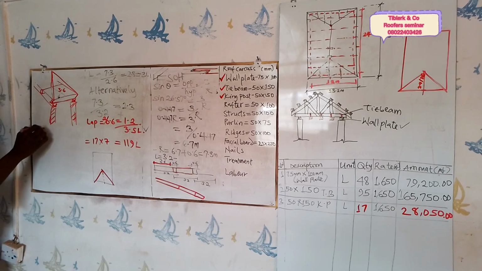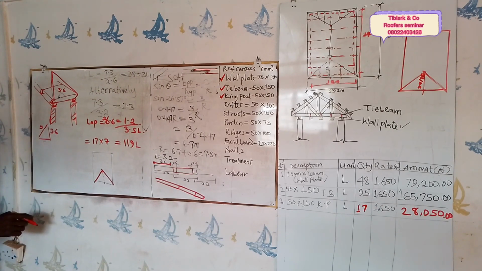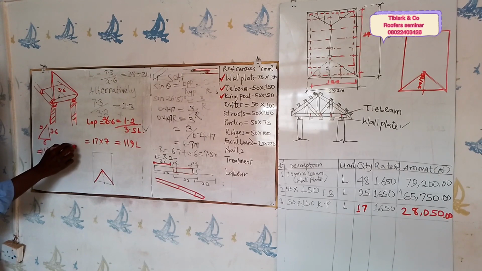So let's bring that out. Ideally, what we are supposed to have there is this, going this way. Here is 6 and here is 3.6. We are looking for here. So how do we get that? This is the hypotenuse. So hypotenuse squared equals opposite squared, 3.6 squared, plus adjacent squared.